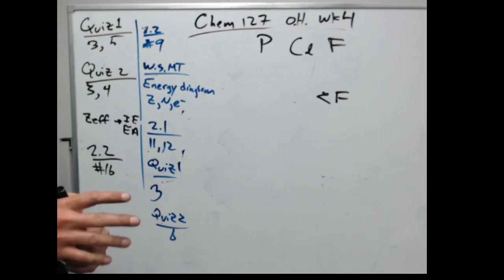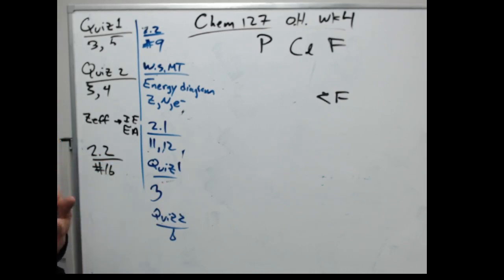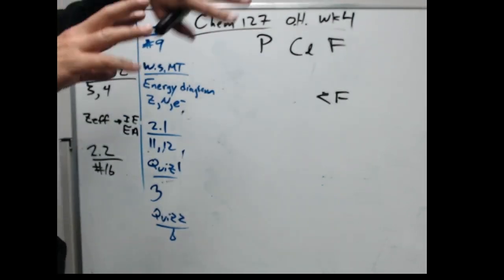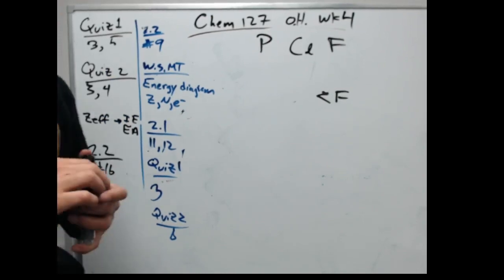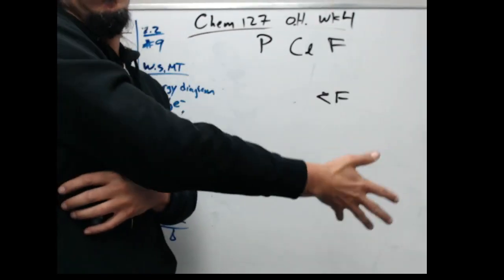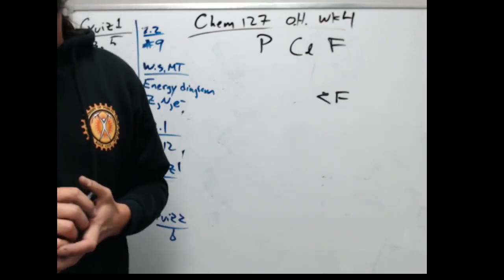It follows the same kind of trend as ionization energy and electron affinity, where fluorine is the most electronegative, oxygen's second, chlorine is a really close third, and as you move across the table, it gets less and less. Which direction across? Is it the same as atomic radius?